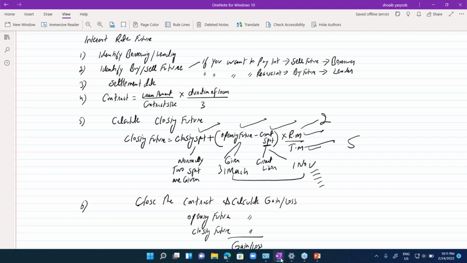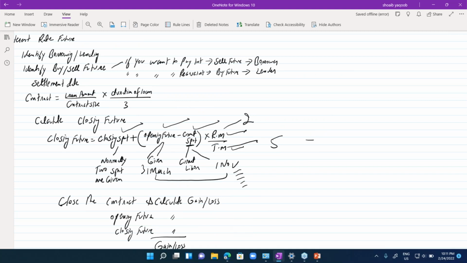So let me apply the formula here. Closing spot is 6.6%, plus opening future will be 6.05, current spot is 5.7. You can write a percentage here, into 2 divided by 5.